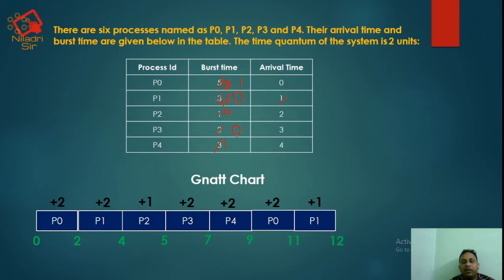P2 and P3 have been completed, and P4 will execute again for 1 microsecond, so it will become 0. So now only P0 is remaining. P0 will execute for 1 microsecond, so this will be 0. So the process has been executed.